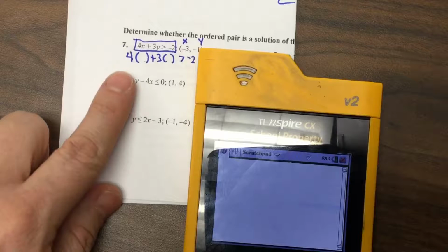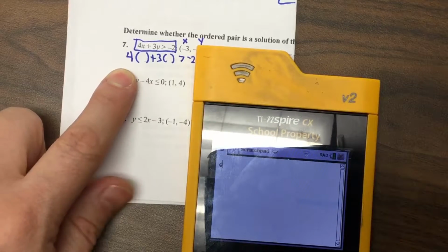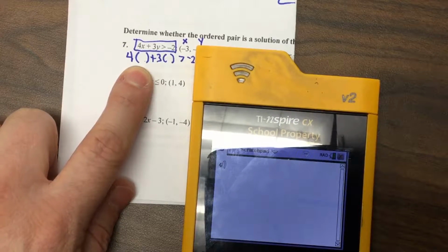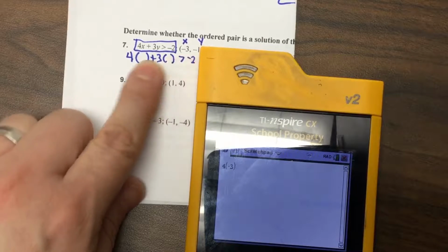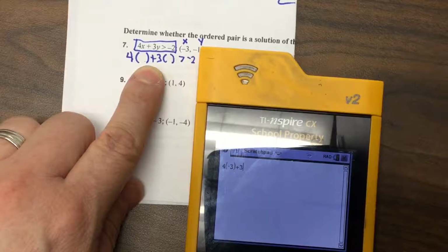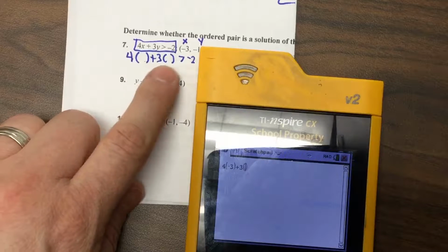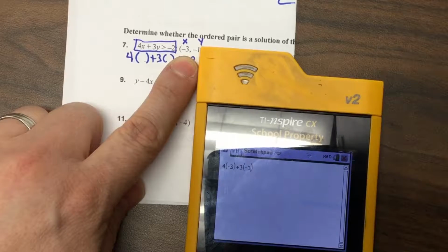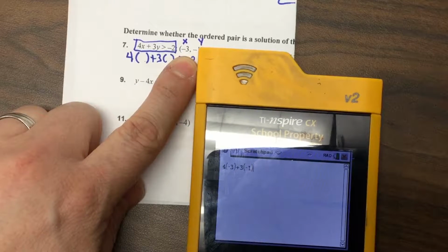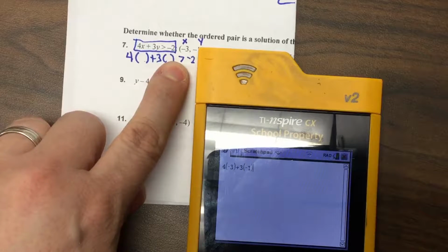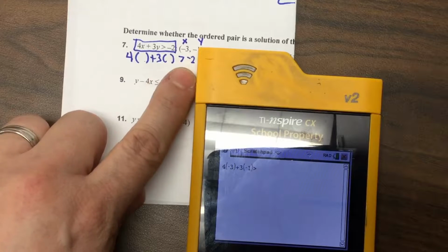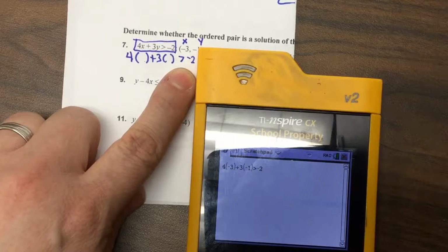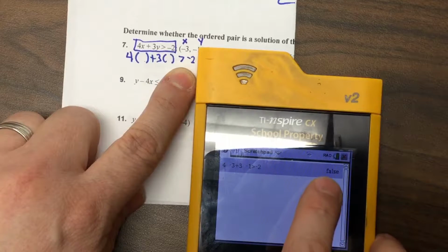So I'm going to type in 4, and I'm going to put parentheses, and I'm plugging in -3 for that x value. Plus 3, and then parentheses, and I'm going to type in -1 for that y value. You see what I'm doing? And now I'm going to put in my greater than sign, doing control divide, greater than -2. I push enter, it says false.